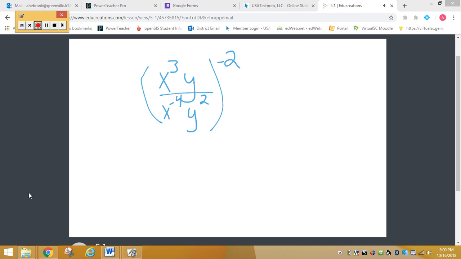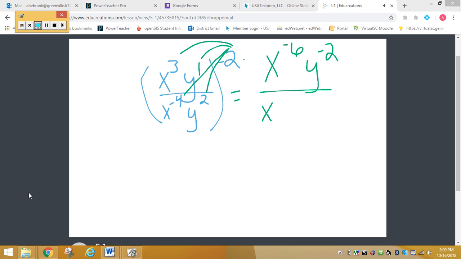So I'm going to take this negative 2 and distribute it, put my 1 here, to everything on the inside. So 3 times negative 2 gives me negative 6. 1 times negative 2 gives me negative 2. On bottom, negative 4 times negative 2 gives me 8. And 2 times negative 2 gives me negative 4.